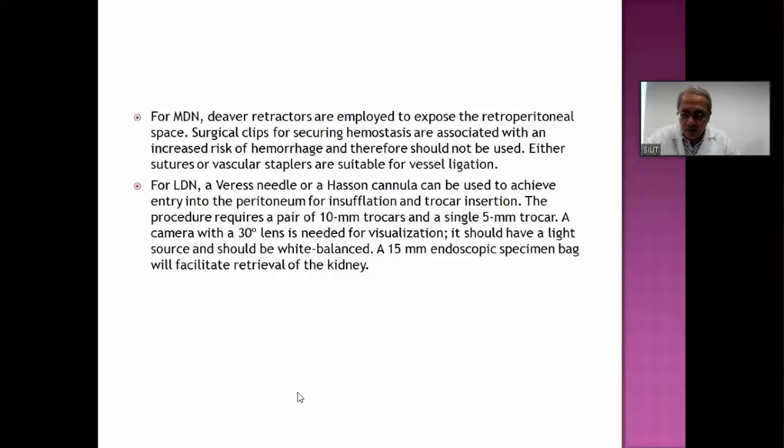So we have a very stepwise fashion of introducing a person to transplantation and laparoscopy, rather than putting that person directly into laparoscopy. We'll talk about the training and other things later also.